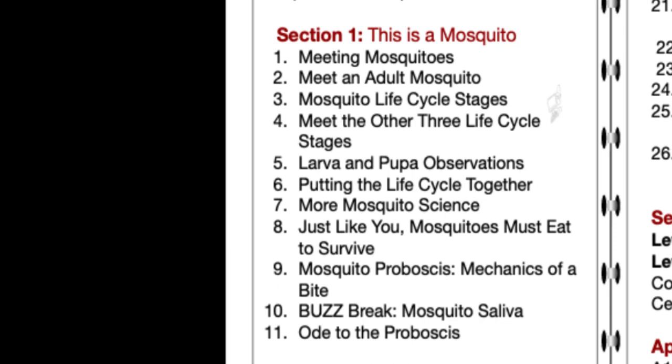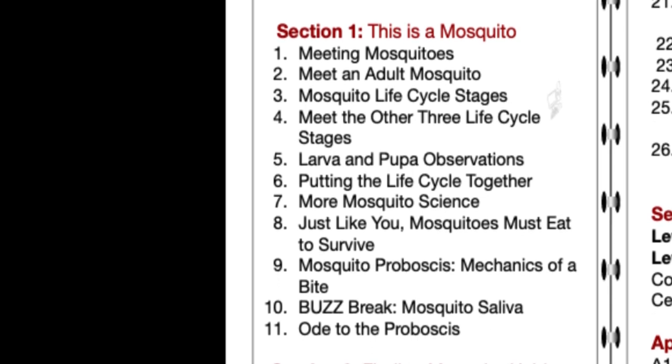Importantly, it reveals the characteristic behaviors that increase the mosquito's odds of reproduction, which is the name of the game. It talks about biting to get the blood, and we even introduce the proboscis, the mouth parts that are so important to that whole process.